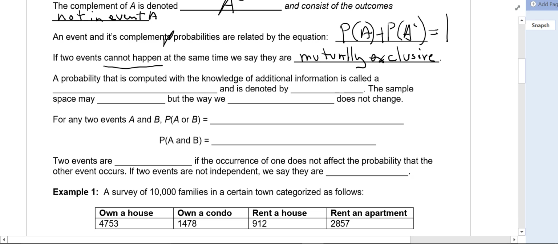Moving on, the probability that is computed with the knowledge of additional information is called a conditional probability. Conditional probability, okay?